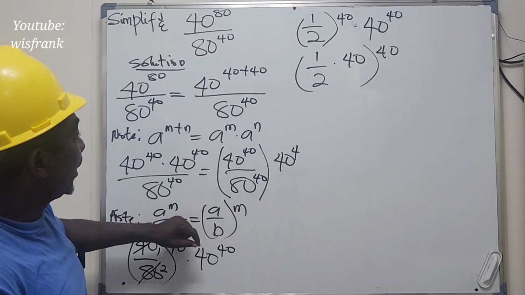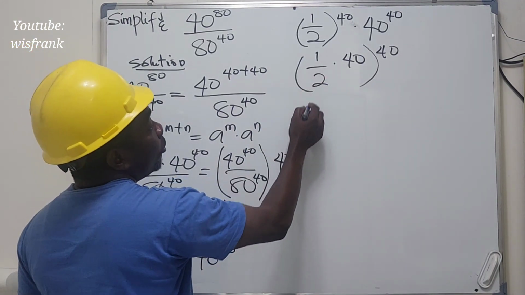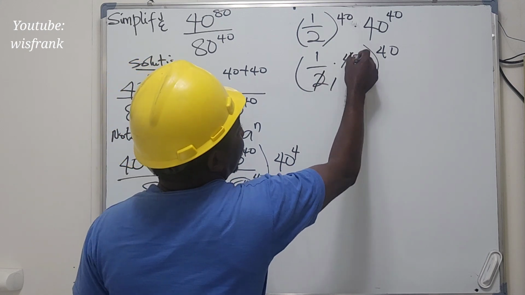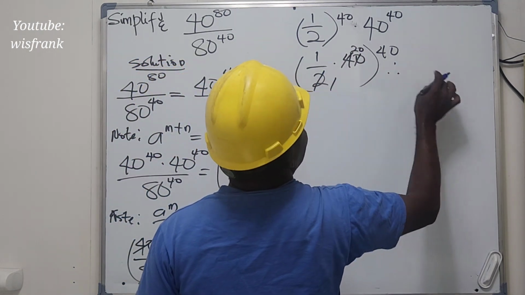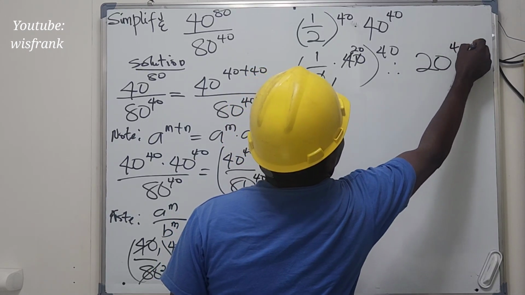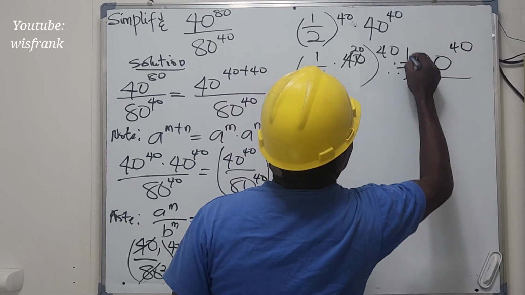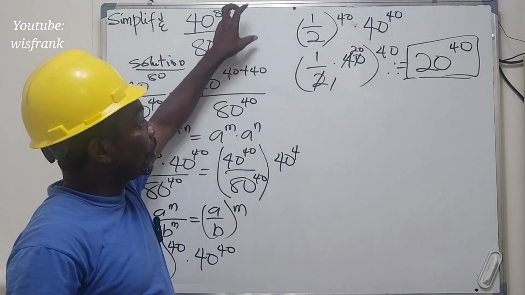So this will give us 2 cancel here and 2 cancel here. We have 20. Therefore, we have the value of this question as 20 to the power of 40. So this is the simple answer of this question.